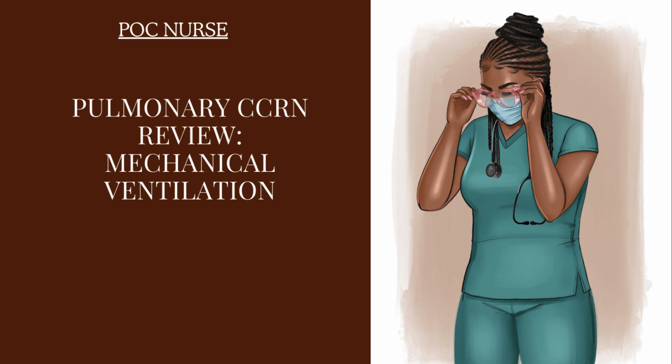There should also be a mask in the room with the bag valve device, because sometimes the ET tube itself will get dislodged and you need to bag the patient. If this patient is heavily sedated, they might not be able to take breaths themselves. So having a mask to attach to the bag valve device will help with ventilating this patient until they get reintubated.